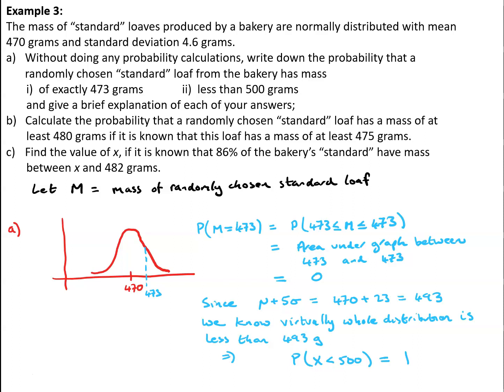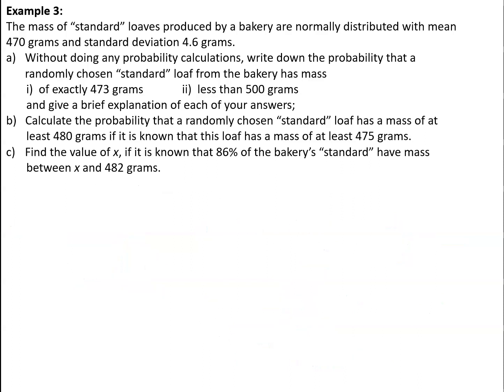For part B, we've got to calculate the probability that a randomly chosen standard loaf has a mass of at least 480 grams if it is known that the loaf has a mass of at least 475 grams. Now, this is a conditional probability.